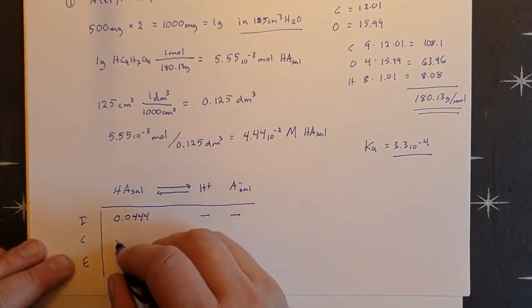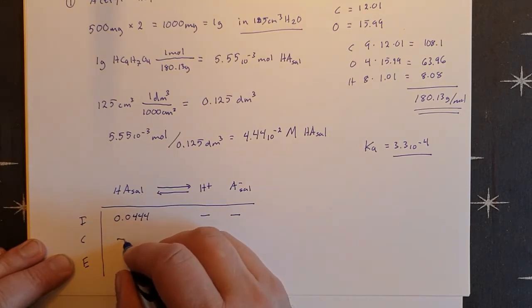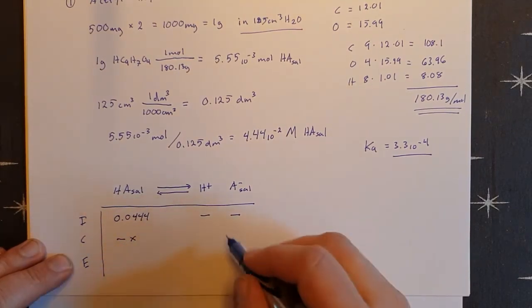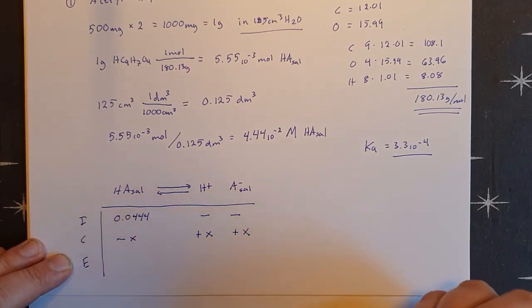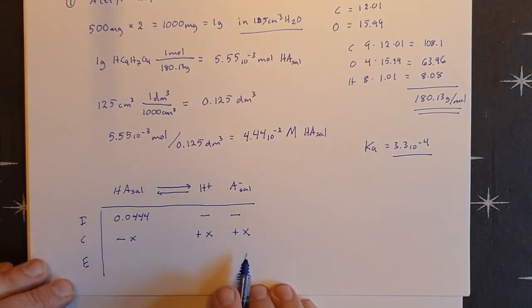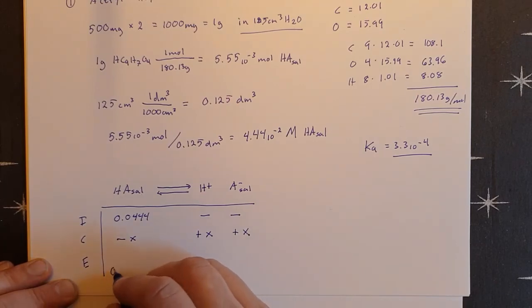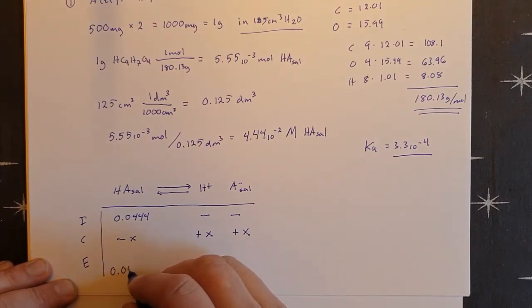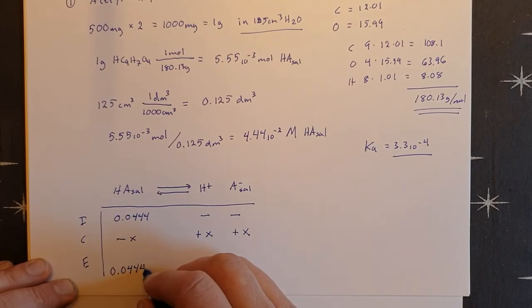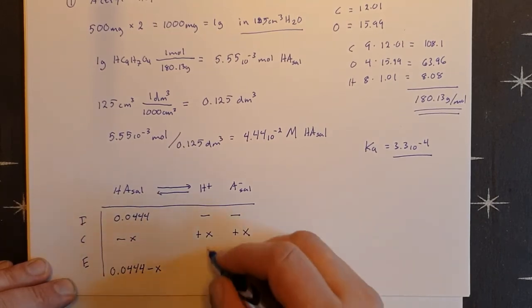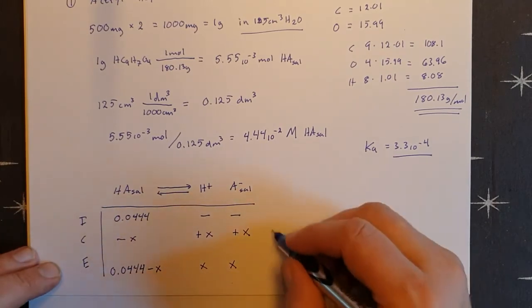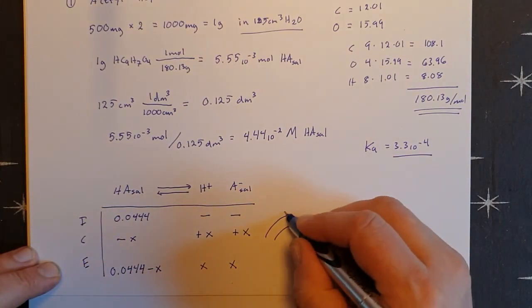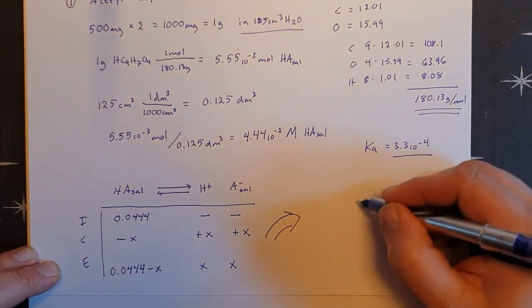So the change that has to occur to reach equilibrium is that this concentration must decrease, this one must increase, and this one must increase. Fair enough. And so the final equilibrium concentrations can be rewritten as expressions here. And then we put it into the Ka.